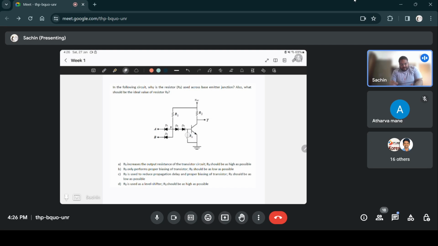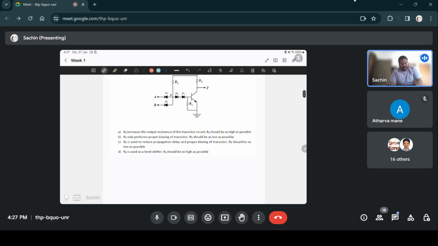If you know the RC circuit, the time constant is the product of R and C. So if R is lower, the discharge will be much faster. That's why R3 should be as low as possible.